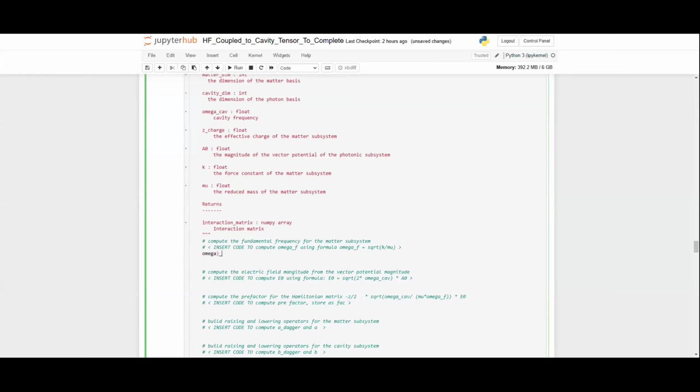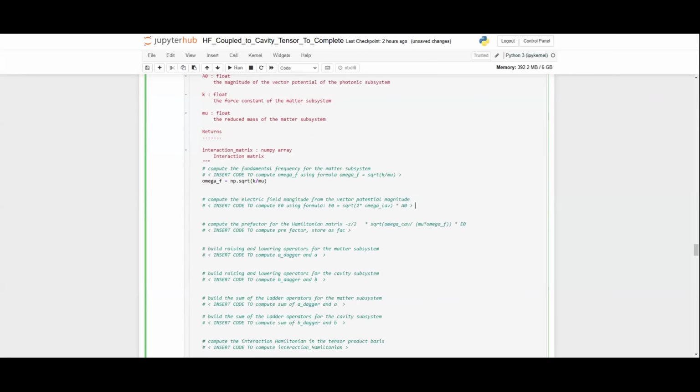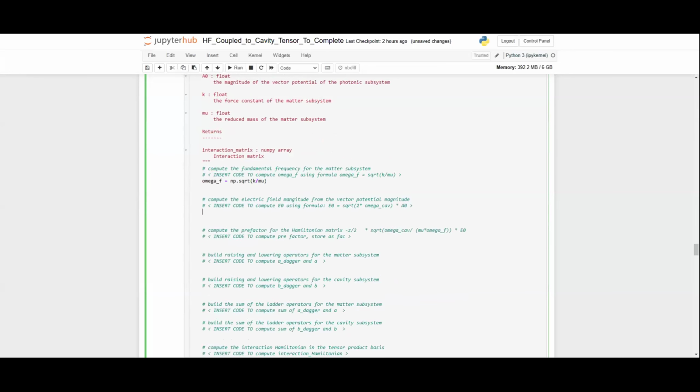the fundamental frequency for the matter subsystem. And then I'll be computing the E naught, the electric field magnitude from the vector potential magnitude. And that is the square root of 2 times the cavity frequency, and then multiplied by A naught.